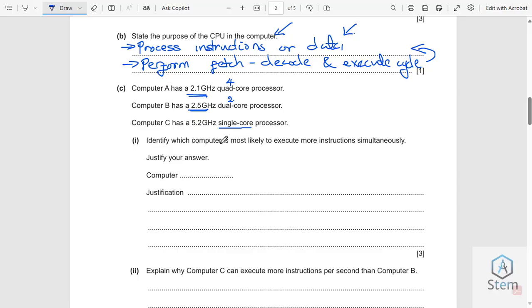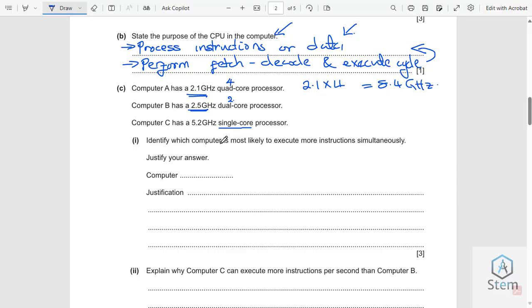Okay, now, which computer is most likely to execute more instructions at the same time? We want to find the fastest computer between these three. If we look at A, it has 4 processors, and if we combine the clock speeds of the 4 processors, 2.1 times 4, we get 8.4 gigahertz.